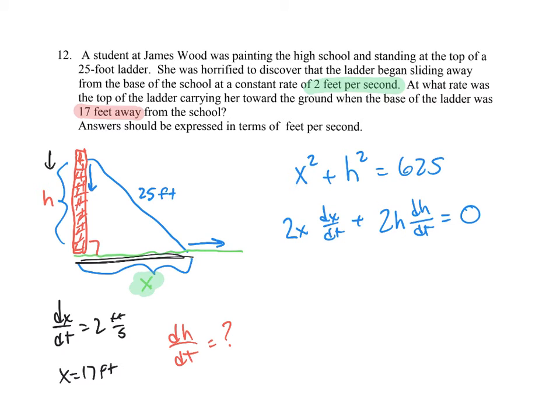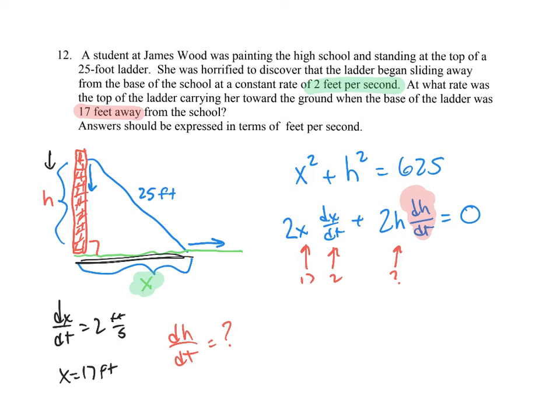At this point, we just want to plug our values in, and we are solving for dh/dt, remember. We're solving for this guy. So I need to put values in for x, for dx/dt, and for h. Now I have x is 17, and I have dx/dt is 2. I don't have a value for h, but I can get it. I can use the Pythagorean theorem.